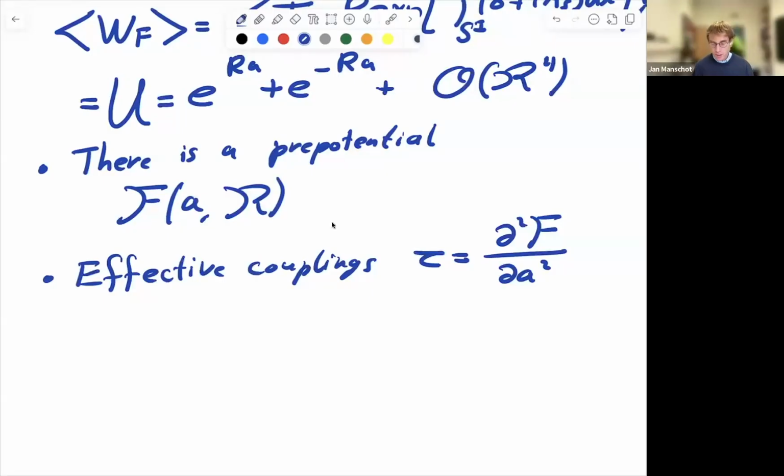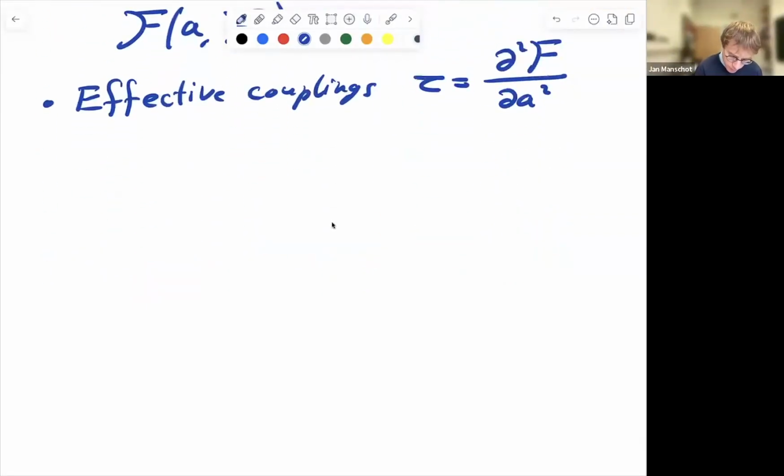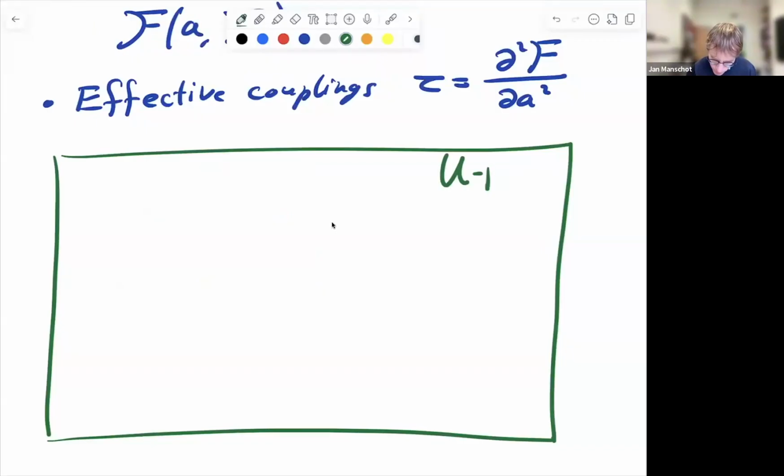Okay, so we can repeat steps similar to what we saw before. We can plot the capital U plane, and in this case you will find actually 4 singularities.